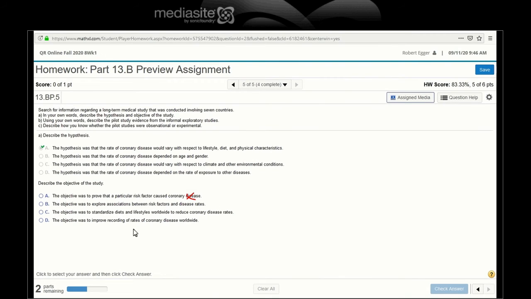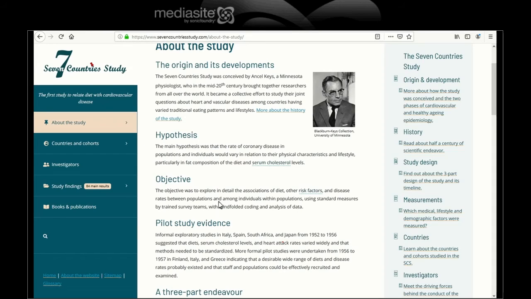No. Explore association between risk factors and disease rates? Or to standardize diet and lifestyles worldwide to reduce coronary disease rates, to improve recording rates of coronary disease worldwide. Okay, double check. Was to explore details associated with diet, other risk factors, and disease rates between populations and among individuals within populations using standard measures.